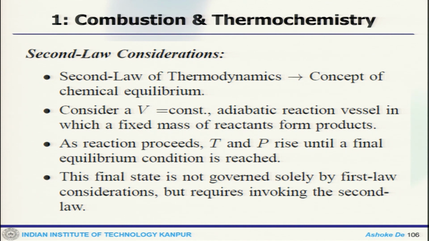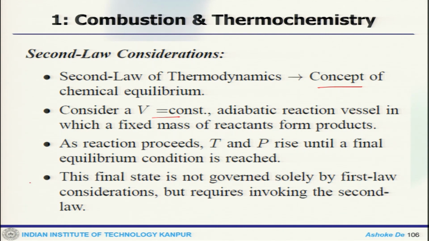Now, you get to the second law consideration. The second law of thermodynamics actually gives you the idea of equilibrium. For example, consider a constant volume adiabatic reaction vessel in which a fixed mass of reactants form products.